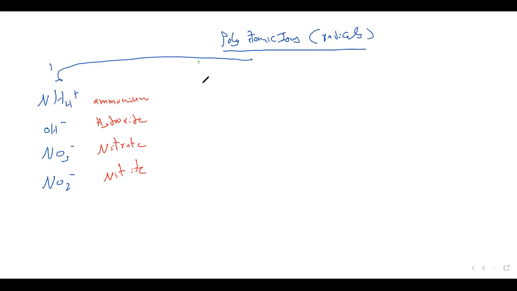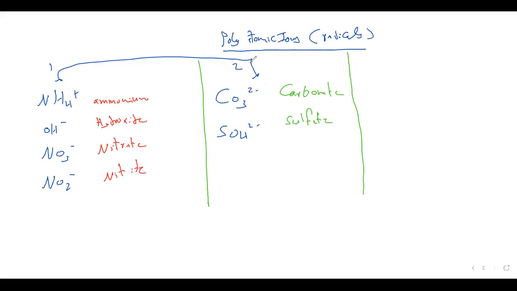For valency 2, we have carbonate and sulfate. This is valency 2. For valency 3, we have phosphate.